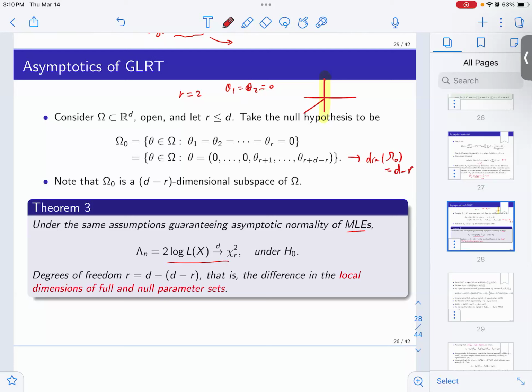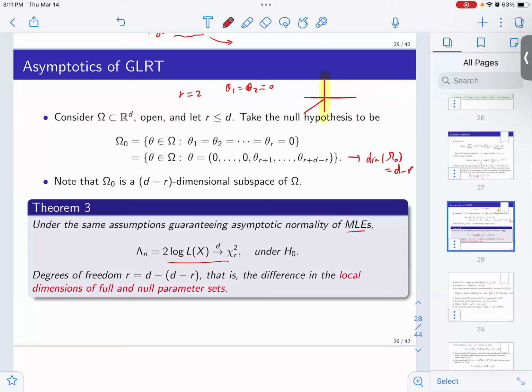And this is actually the local dimension. It doesn't have to be these parameters. It just has to look like this locally. I'll let you look at the details; it's like a very later chapter.